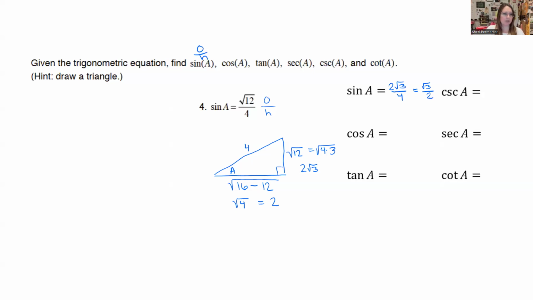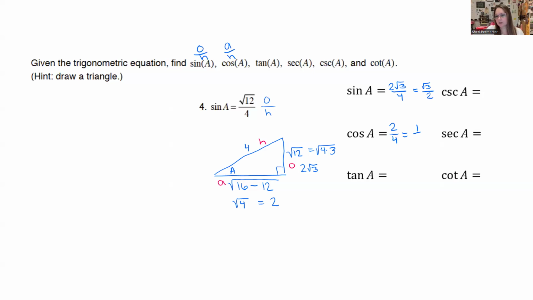Oh, I didn't even label these. So I have H, O, A. Cosine is adjacent over hypotenuse, and so that's going to be 2 over 4. Does that reduce?